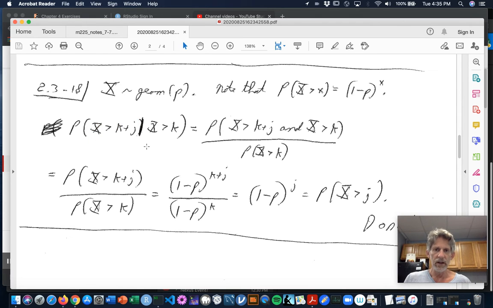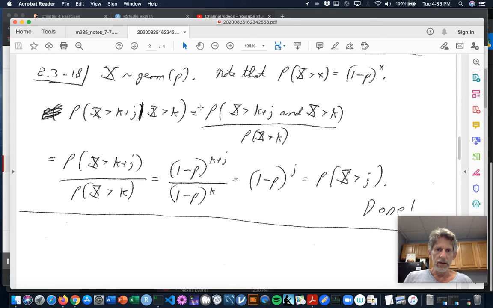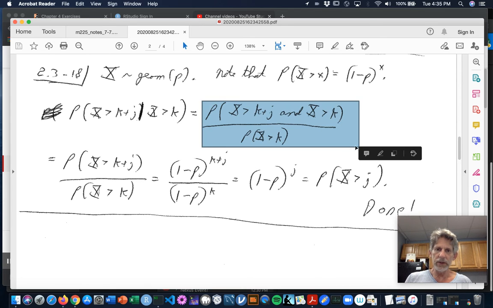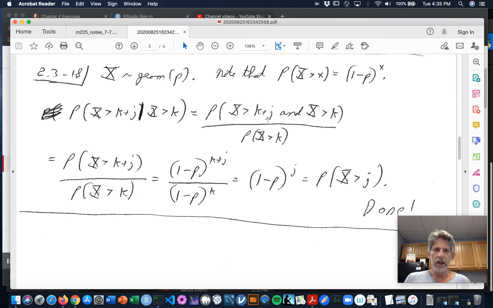Well, by definition of conditional probability, that's the probability of A and B over the probability of B. And here, being bigger than K and being bigger than K plus J means I just got to be bigger than the bigger of those two numbers, which is K plus J. So the top's a little simpler.